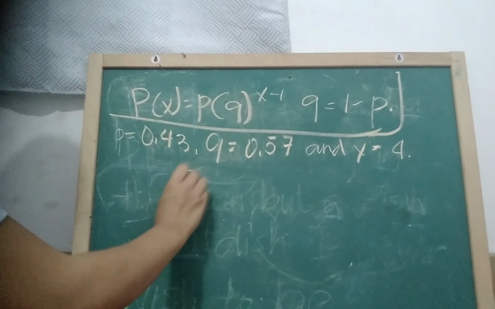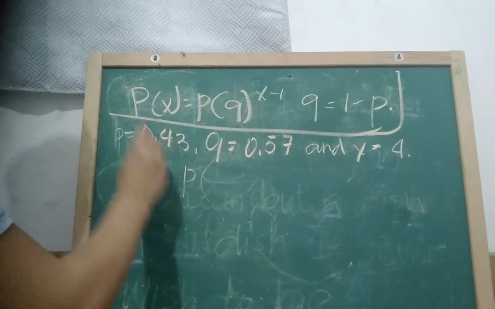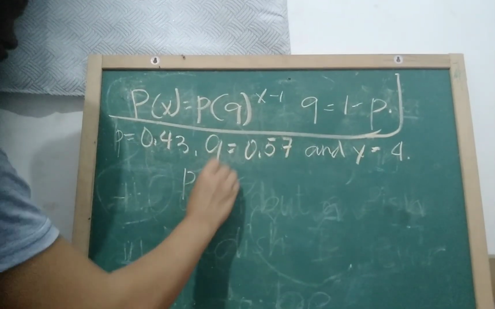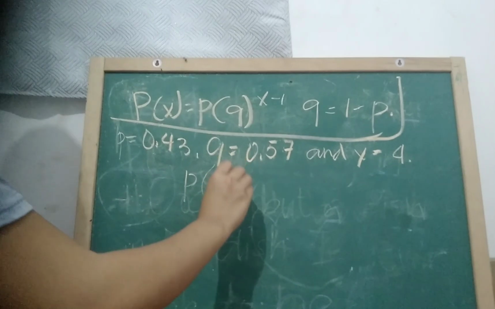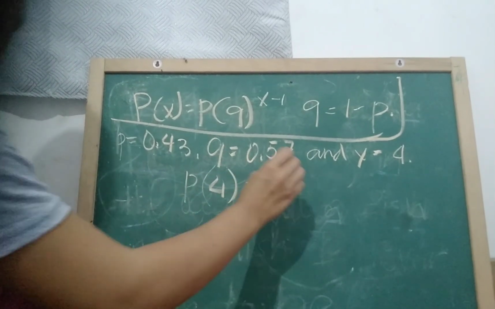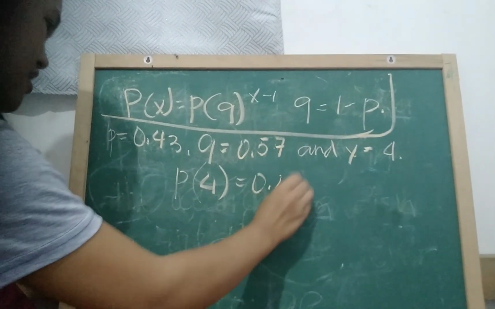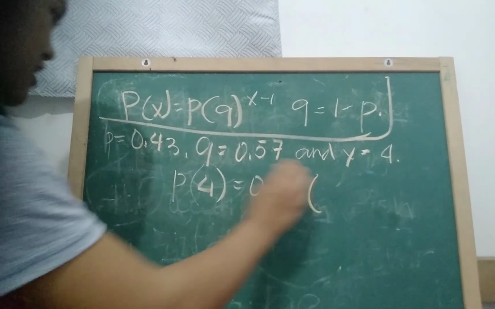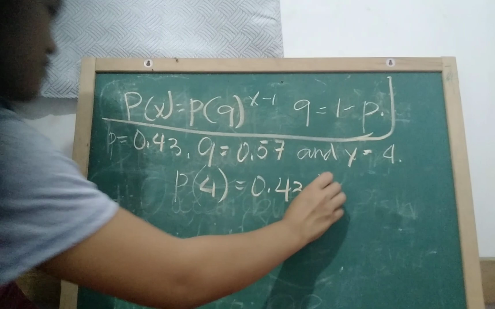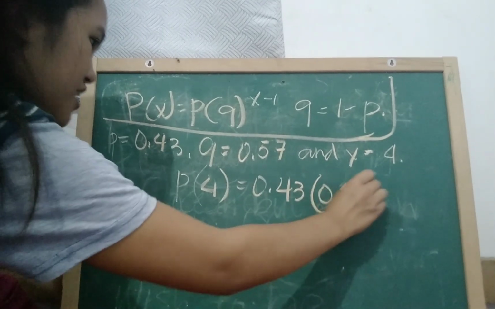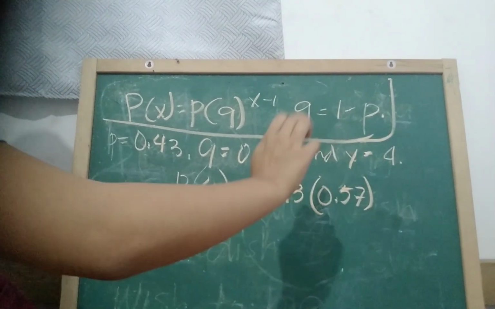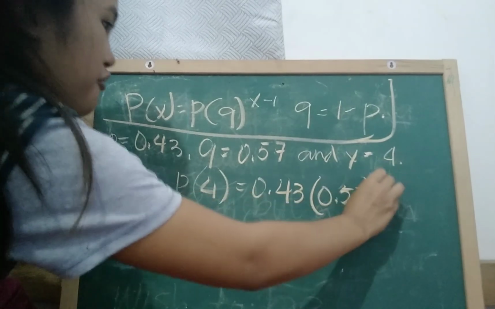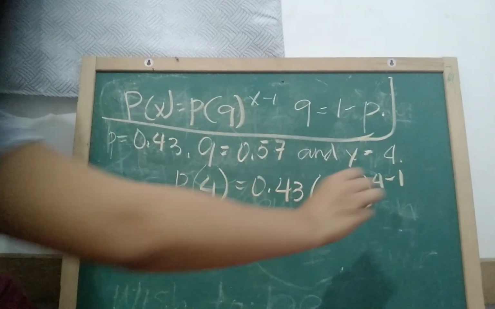So P(x), where x is 4, is equal to 0.43 times q, which is 0.57, raised to the power of 4 minus 1.